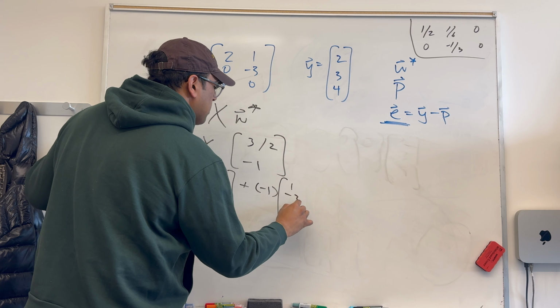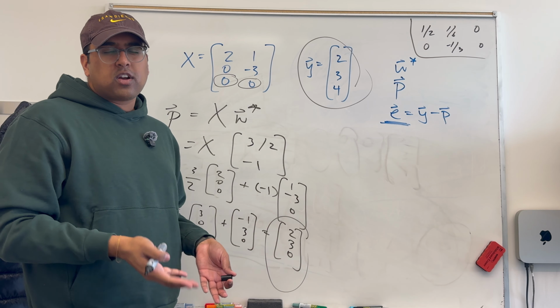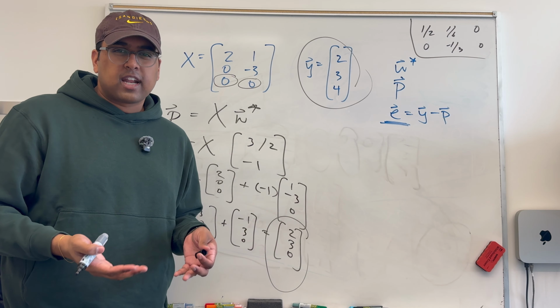And it's the best because among all linear combinations of X's columns, it is the one that is closest to Y. Now, let's verify that this actually makes sense. Let's look at Y itself. It has the components 2, 3, and 4, and this P has 2, 3, and 0. How do I know this is the best possible linear combination of X's columns? Well, both of X's columns have zeros at the bottom, which means any linear combination of them is also going to have a 0 at the bottom.